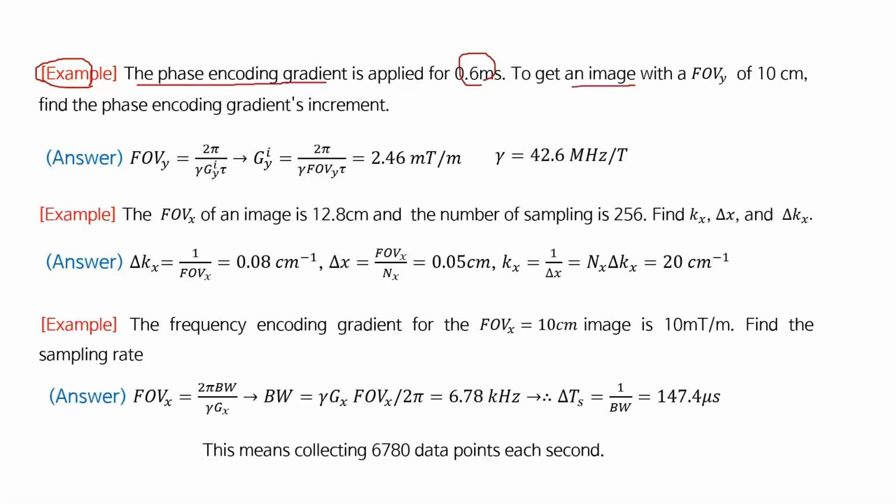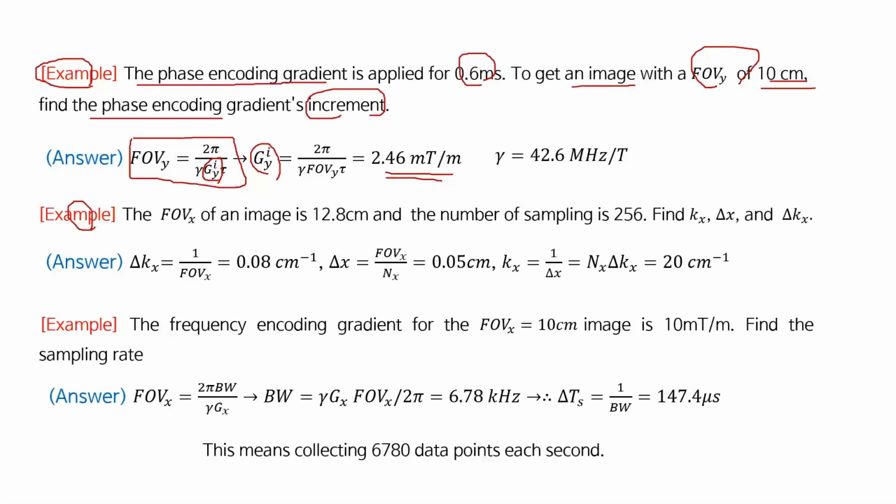To get an image with a FOV of 10 cm, find the phase encoding gradient's increment. We know this relationship, so we want Gyi, which can be obtained as this value, 2.46 millitesla per meter.